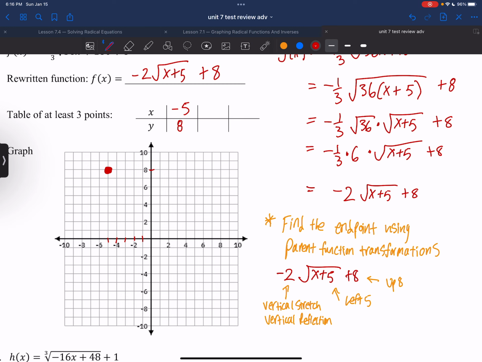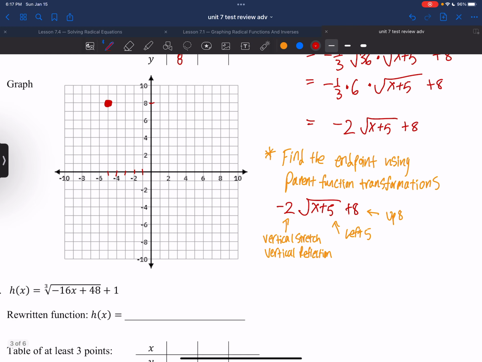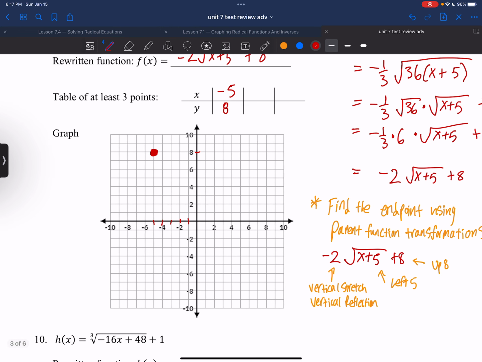Also, if you know your function transformations, you know that because it's a vertical reflection, it's going to look like this. So don't bother testing points to the left of -5. That's not going to work. You're going to take square roots of negatives, and you don't want that. So let's try x equals -4, maybe in blue.